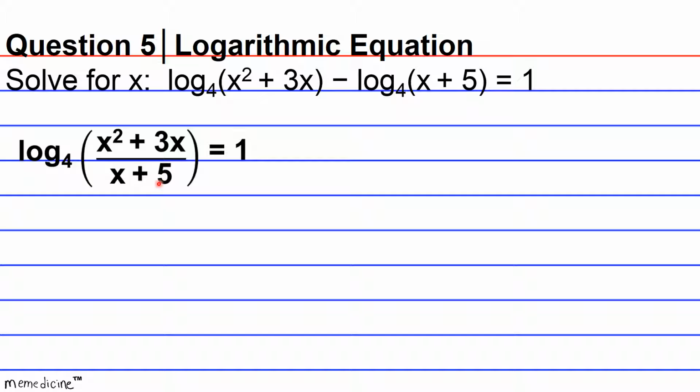Now, to undo the logarithm on the left-hand side, we're going to raise base 4, the base specified in the logarithm, to the terms on both sides of the equation, because if we raise the base 4 on the left-hand side, we also have to do that on the right-hand side. So 4 raised to the log base 4 of x squared plus 3x divided by x plus 5 is equivalent to 4 raised to the first power.